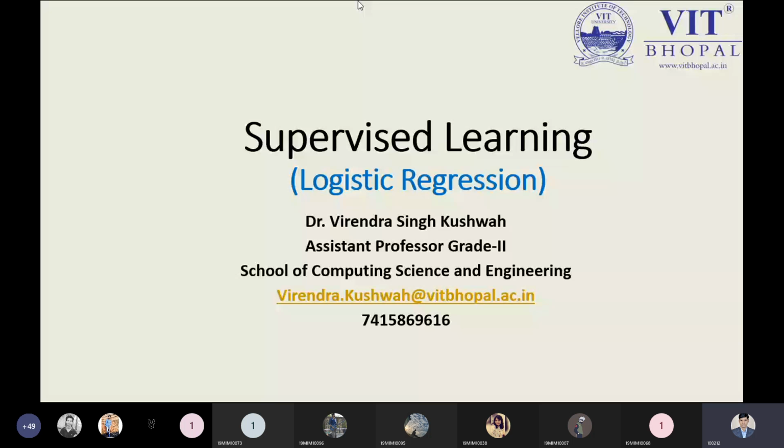At that time, we have an important regression that is known as logistic. So logistic regression is a flavor of the regression, but here the data will be in the categorical form. That's why we can say logistic regression is used to solve the problem of classification.